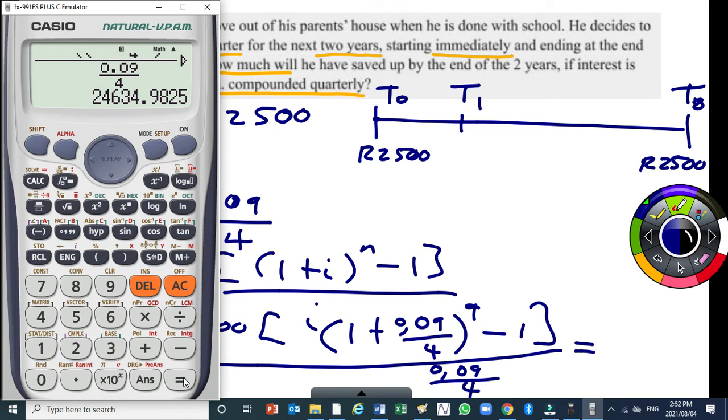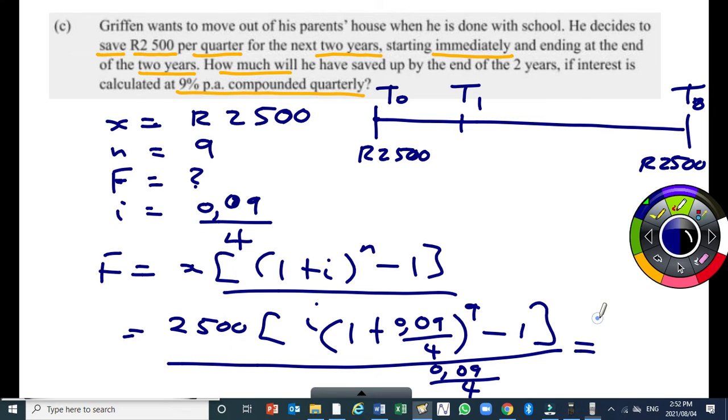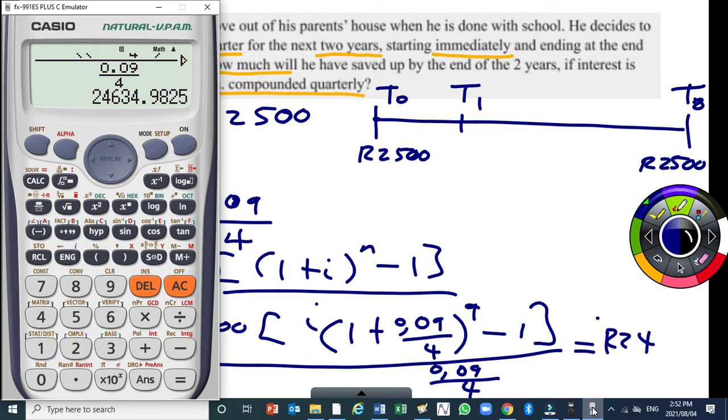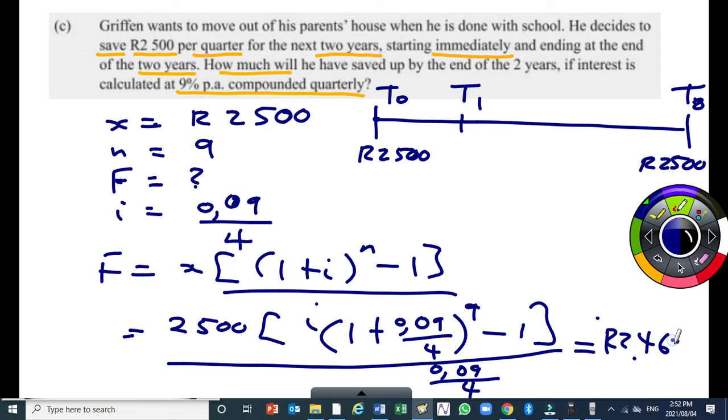Don't borrow a calculator. So this is 24,634 rand and 98 cents. So I'm going to put it here. 24,634.98. It's in rands.